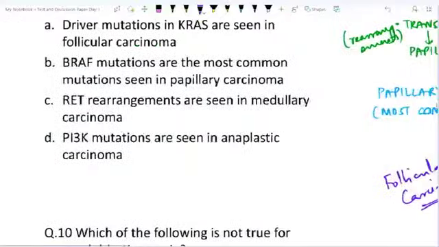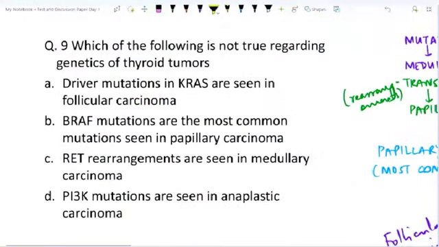So let's go back and look at the question again. Which is not true? So which one is false? Driver mutations in KRAS are seen in follicular. Yes, this is true. BRAF mutations are the most common mutations seen in papillary carcinoma. Yes, this is true. What are the mutations? They are point mutations. These are also in KRAS.